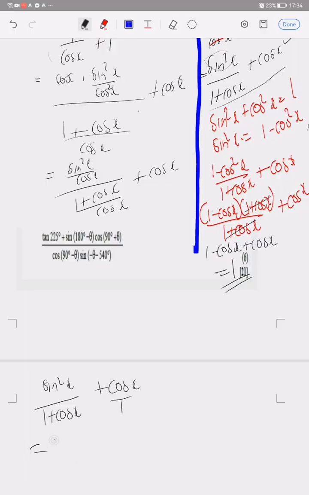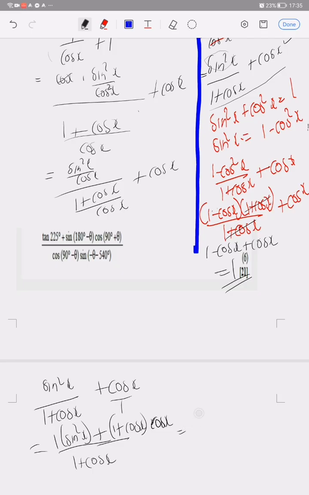The LCD for this one will be 1 plus cos x, right? So 1 plus cos x divided by 1 plus cos x, I get 1, sine squared x, plus 1 plus cos x divided by 1, I get 1 plus cos x, times cos x, right?